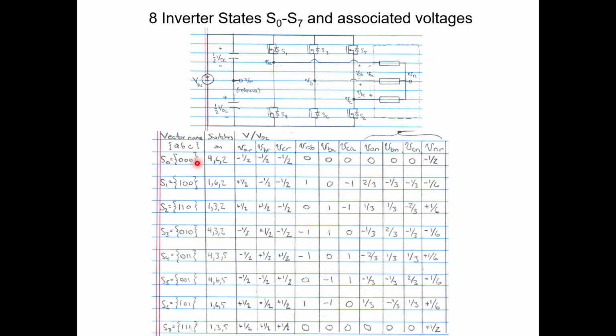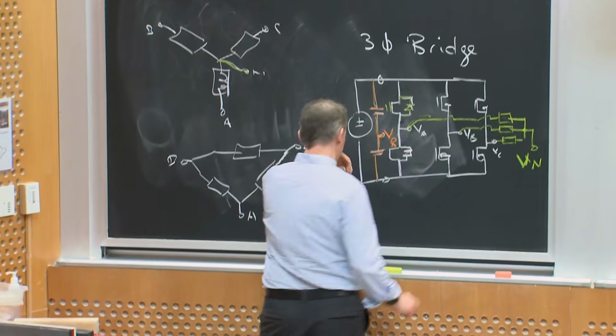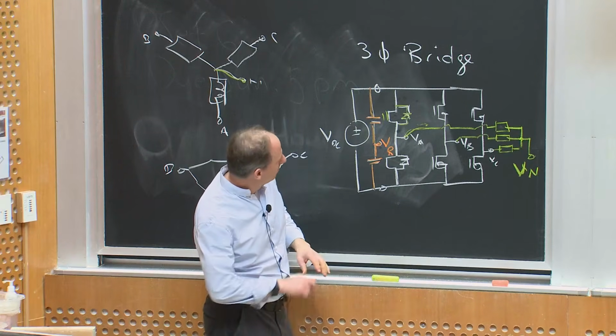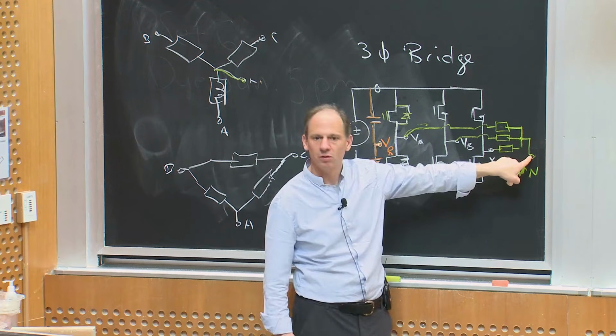And these are what you get for AR, BR, and CR normalized to the DC bus voltage. And then this is what you get for VAB, VBC, and VCA, the line-to-line voltages. And this is what you get for the line-to-neutral voltages on this load, okay? And I want to emphasize that in this structure, I'm not proposing that we connect this reference voltage to the neutral.